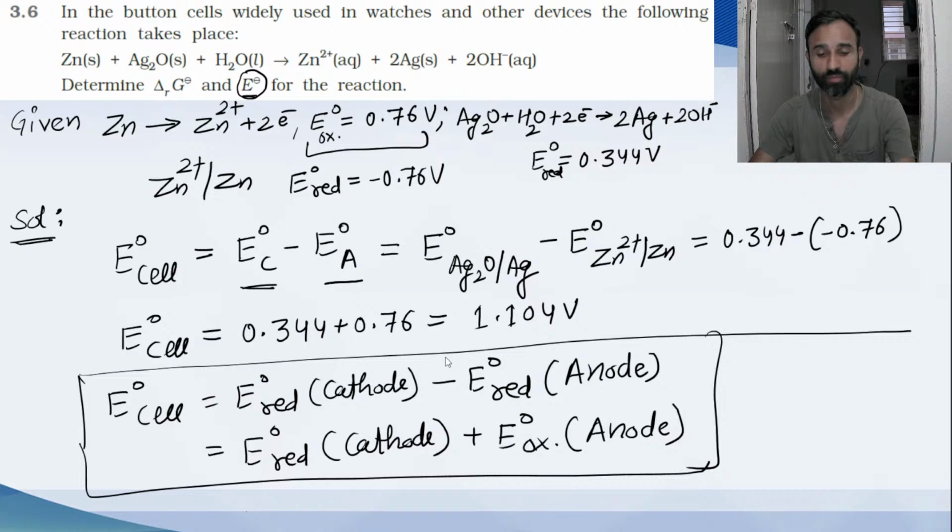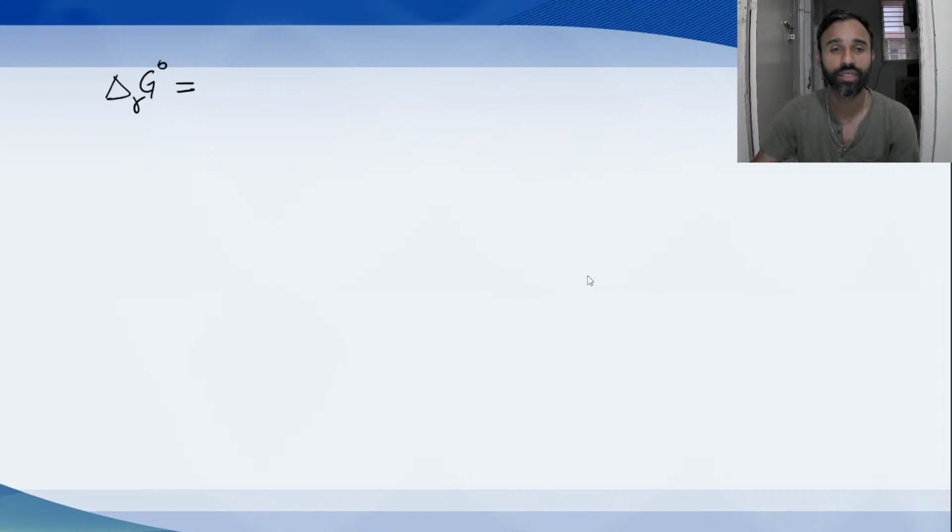Okay, now the next part is delta G naught. Delta G naught is related to E naught cell, and what is the relation?